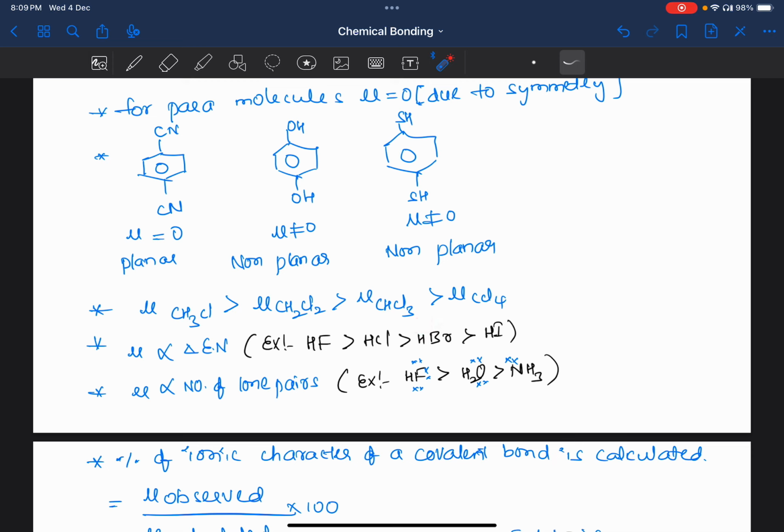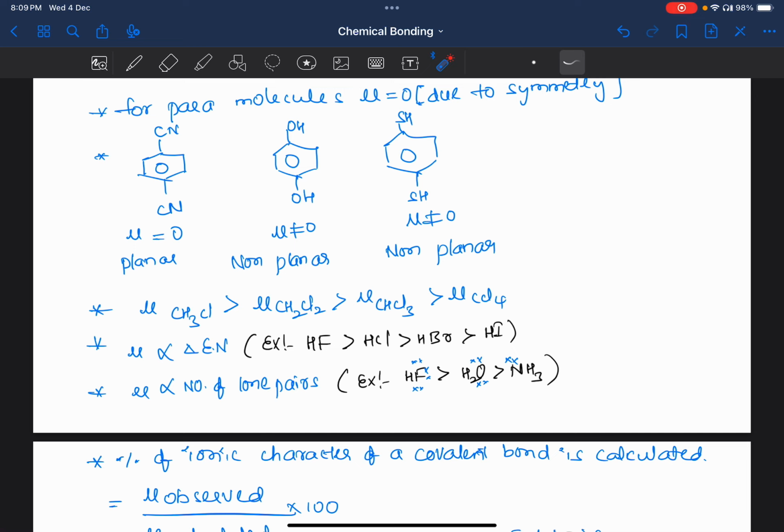And dipole moment is also related to the number of lone pairs. On increasing the number of lone pairs on the center atom, dipole moment increases, when the side atoms are similar. Now see these examples: hydrogen fluoride, water, ammonia.